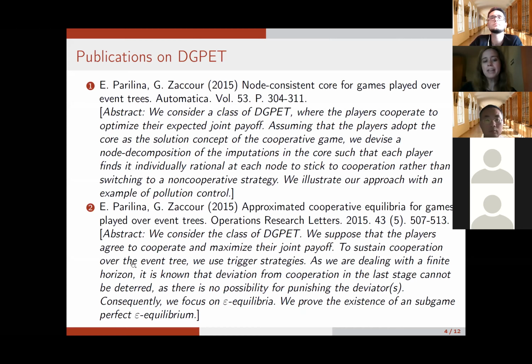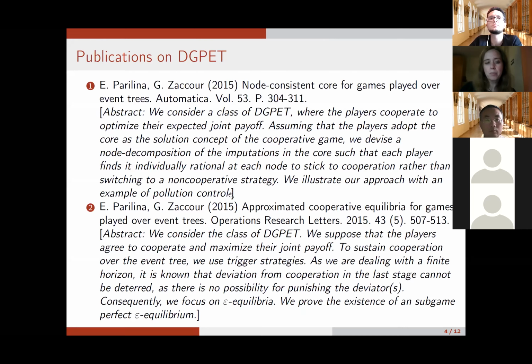The next publication, again with George Zakur, was devoted to the construction of an equilibrium which supports the cooperative behavior of the players. So in this publication, we assume that players cooperate, that they realize the cooperative trajectory, but this trajectory can be not subgame perfect in the game.